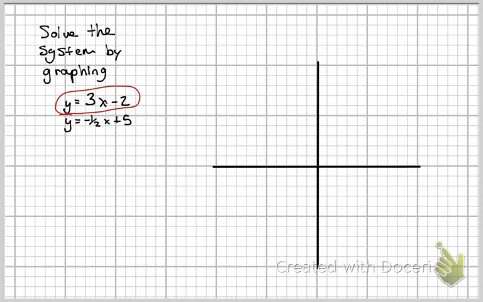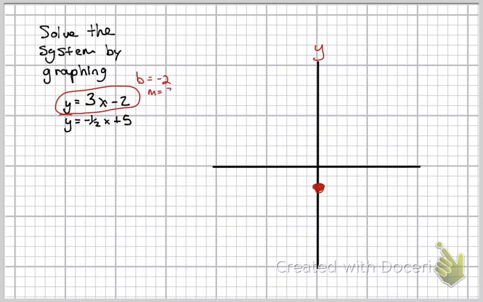So I'm going to start off with the equation y is equal to 3x minus 2. Like we said the other day, we're going to find our b value for a linear system, which in this case would be negative 2. And so on the y-axis, I'm going to find negative 2. And then I'm going to find my slope.